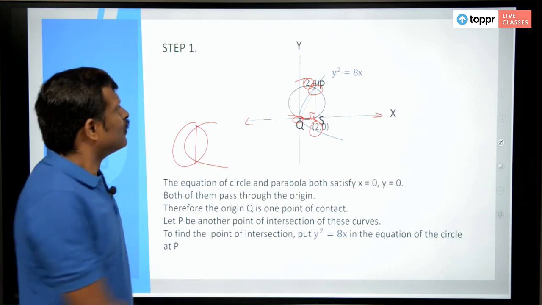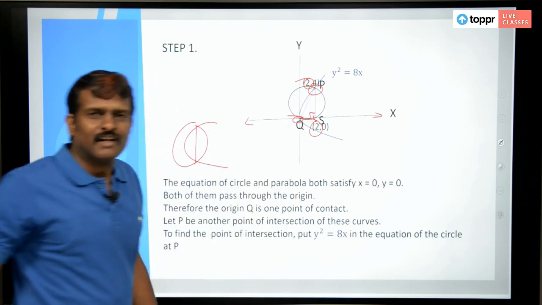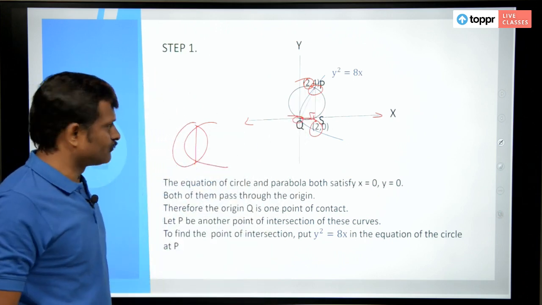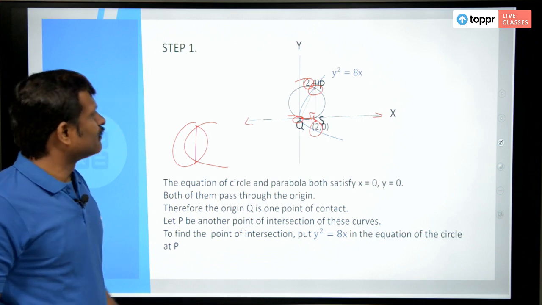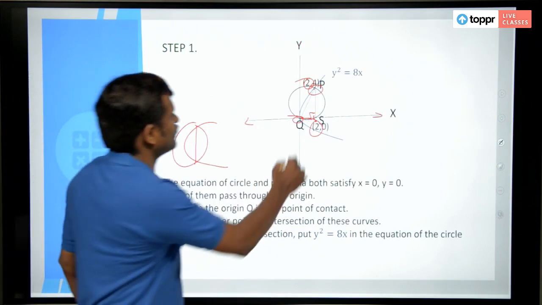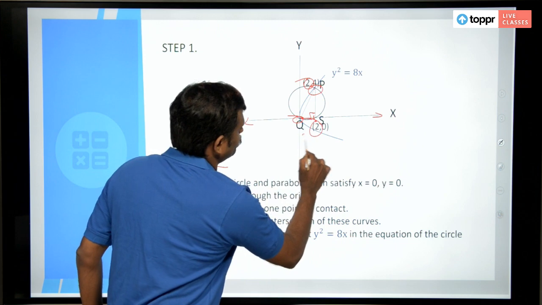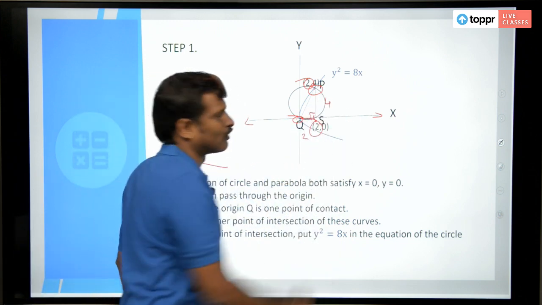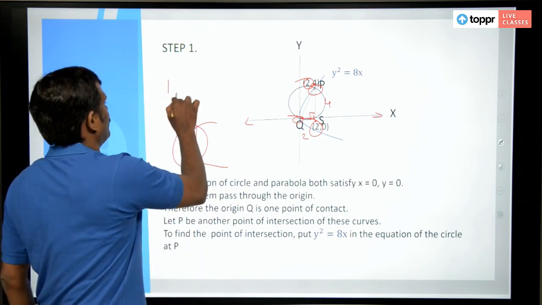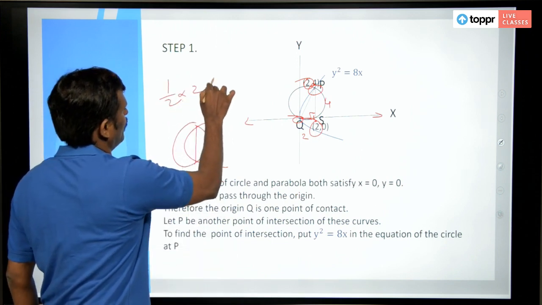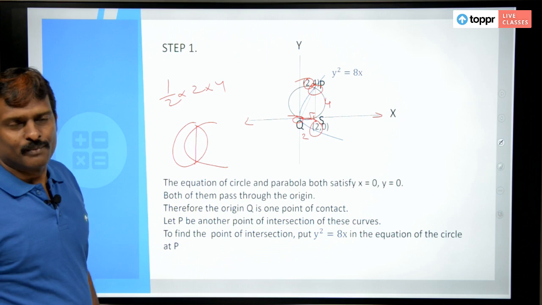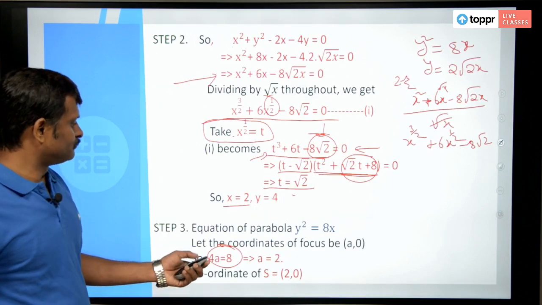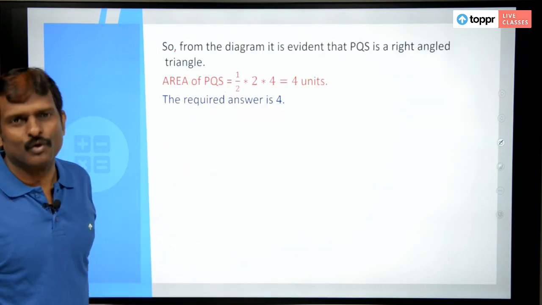That means we have this triangle as a right angled triangle. So, simply you can say this distance here is 2, and this distance here is 4. So, what is area? Half into base into height, and that would be the answer for this question. So, the answer is 4 units.